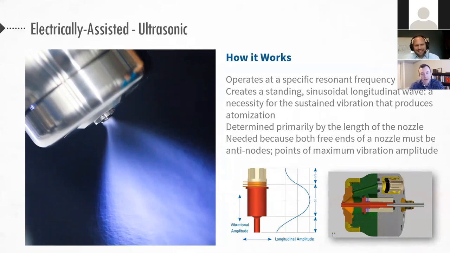Okay, yeah. So here we have electrostatically assisted or ultrasonic sprays. So an ultrasonic spray is really the liquid coming through and being fed through, I think they call it a horn, that then vibrates at ultrasonic frequencies. And so that frequency can dictate the droplet size, and you can also have some shaping air to change the pattern shape as it leaves the nozzle.